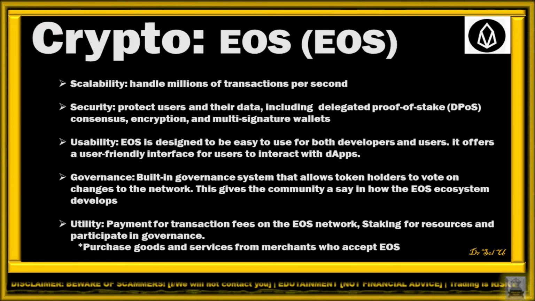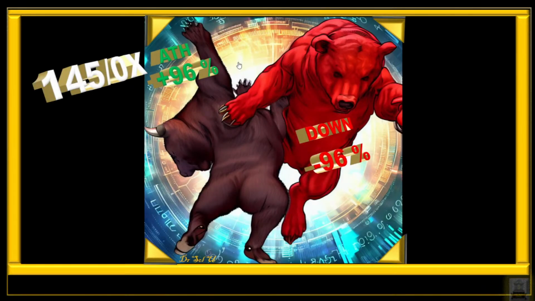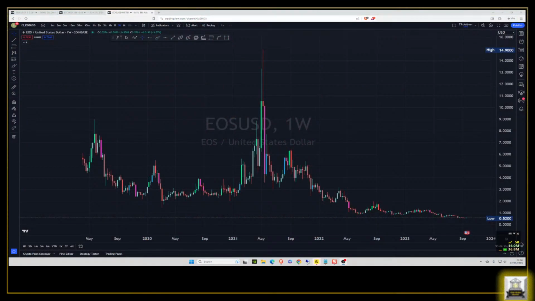Now, before I proceed to the chart, let me quickly show you what it actually gives you. It is currently over 96% down. Now, if we move on to the charts, how do I get that 96%? Let's take a ruler here.